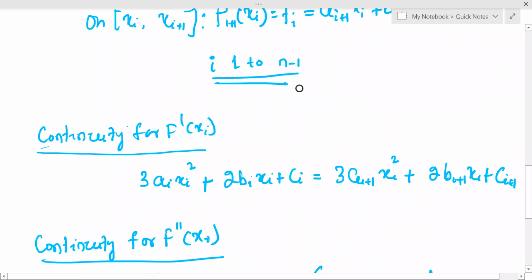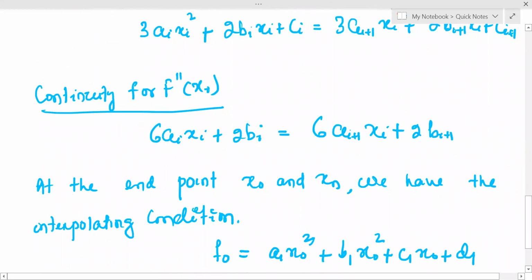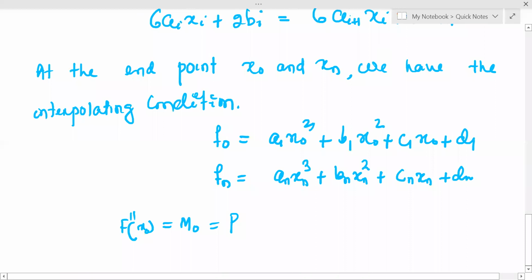At the end points x0 and xn we have considered, and there is no n plus 1, only for f0 and fn. a1 and an is there. Okay. That's f0.